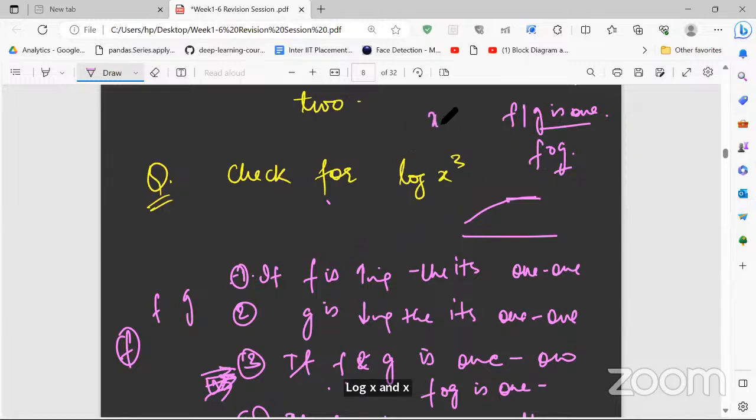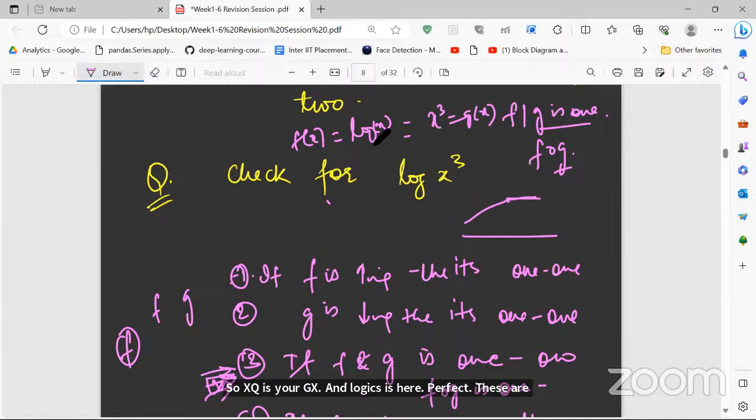So x cube is your g of x, and log x is your f of x. Are both one-one or not? x cube is one-one, you are already aware of that. Is log x one-one? Yes, sir, log x is one-one. Then log x cube will be one-one or not? Yes, sir. Correct? Yeah, got it, sir.